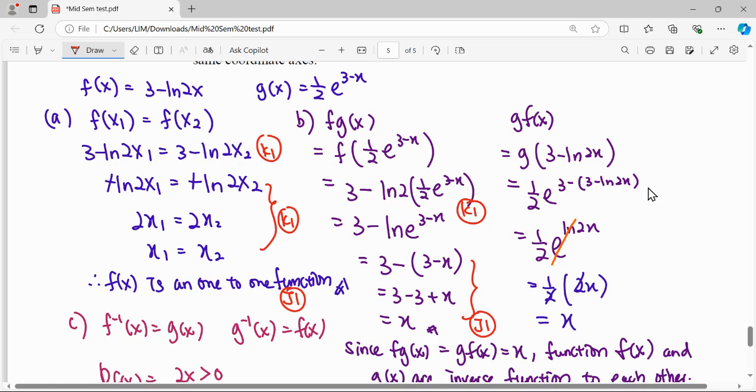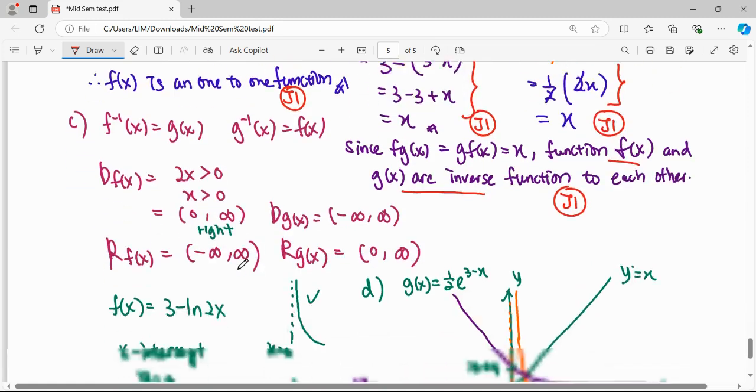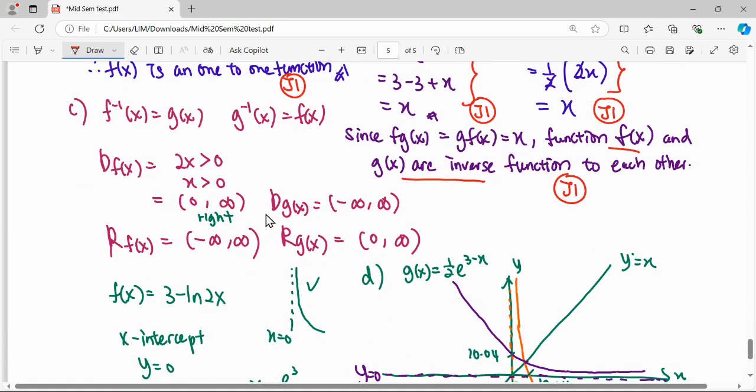In other words, we want to see your g of x, how you simplify until you get your answer. Lastly, don't forget your conclusion saying that they are inverse of each other. You must clearly state that f(x) and g(x) are inverse of each other. Then we go for the domain and range. All these domain and range bring you just 1 mark.